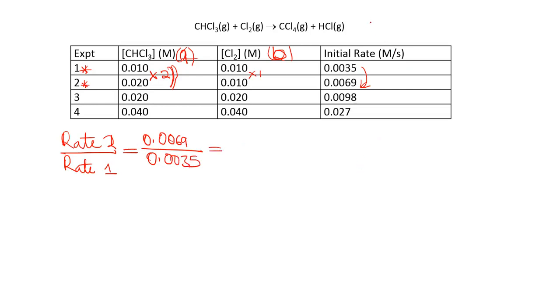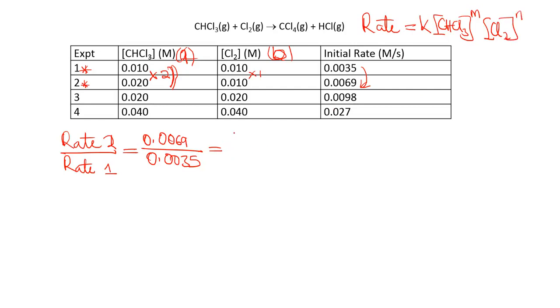Now we know that rate is given by, in this case, K, the concentration of CHCl3 to the power m, concentration of Cl2 to the power n. When you divide this, every other thing cancels.